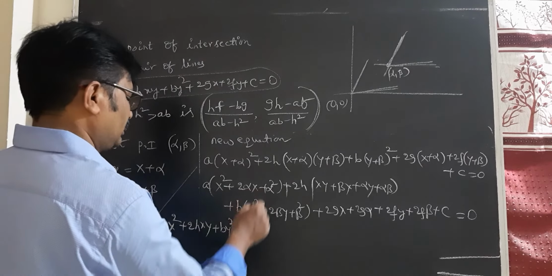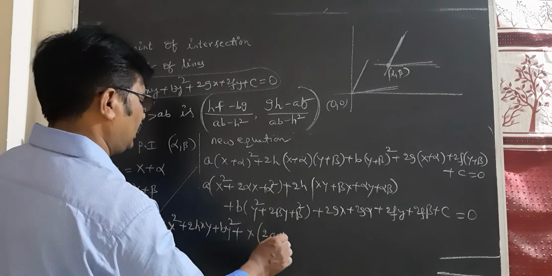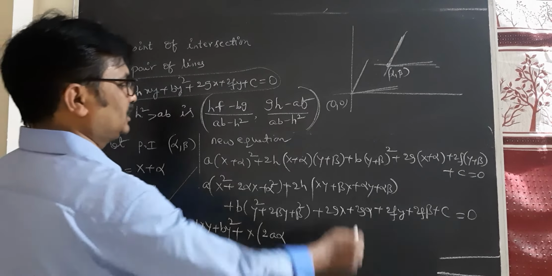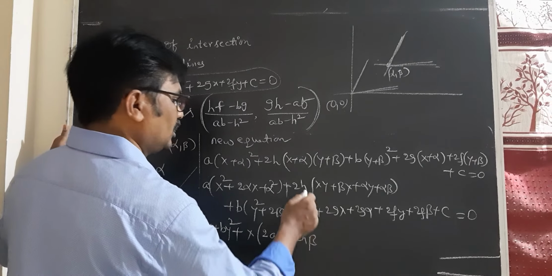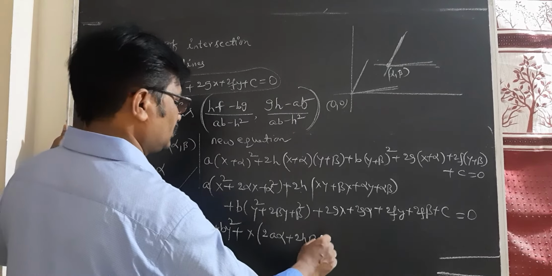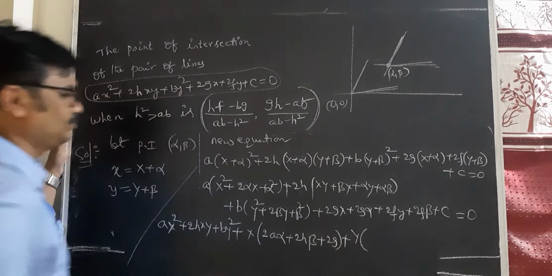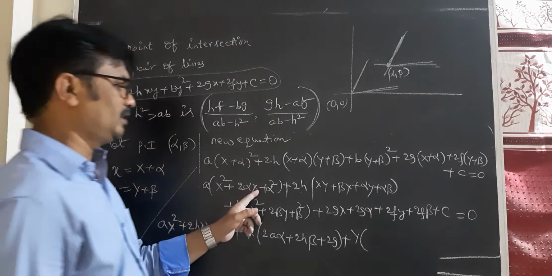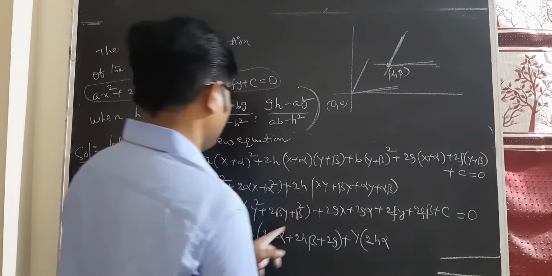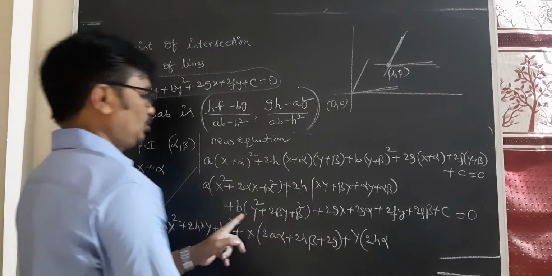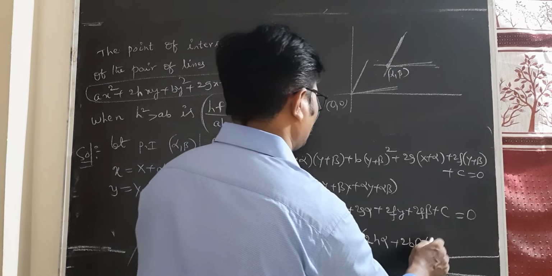After that, the coefficient of X is 2a alpha plus 2h beta plus 2g. The coefficient of Y is 2h alpha plus 2b beta plus 2f.